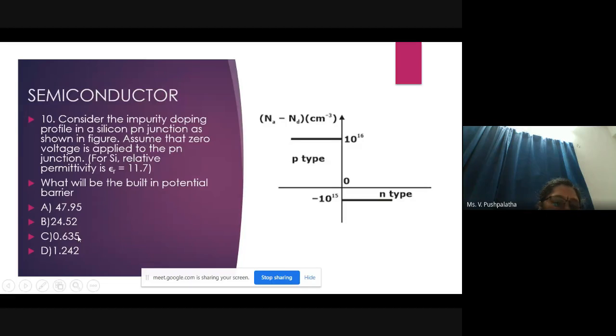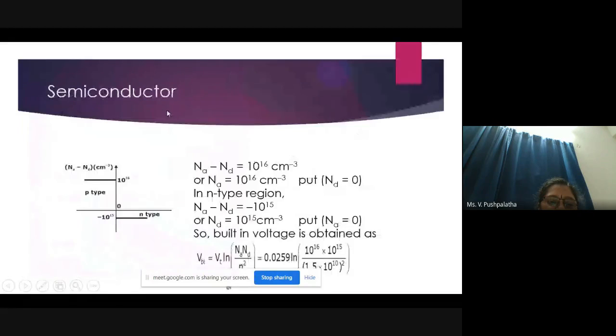Now we'll see what the option will be. In the first case, I'm taking the p-type semiconductor, where Na minus Nd equals 10 power 16 per centimeter cube. Since it is a p-type semiconductor, obviously there is no donor impurity concentration, so you make Nd as 0. So Na equals 10 power 16 per centimeter cube. Next, we'll come to the N-type region.